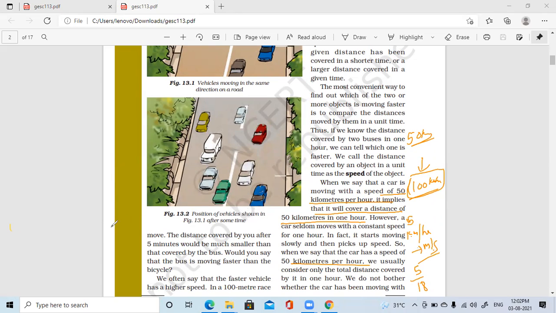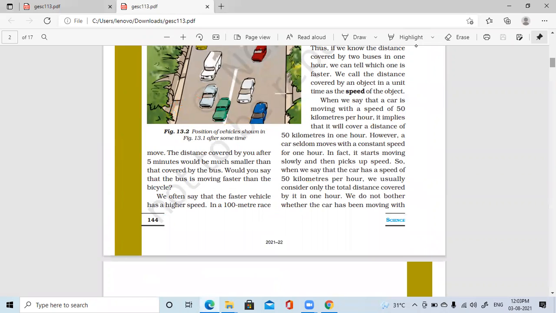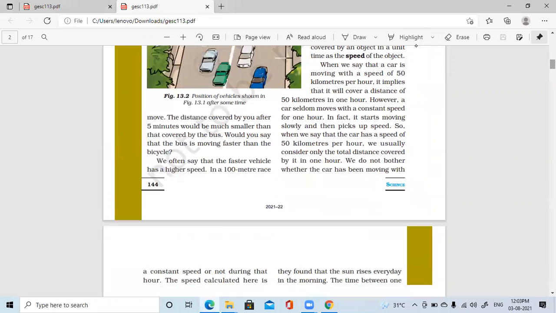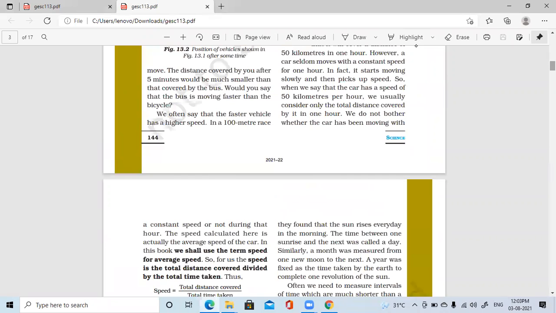As if speed is given 18 kilometer per hour, when you multiply by 5 by 18, the 18 will be cancelled, it will be 5 meter per second. So this way you can convert this into meter per second. So this is the formula: distance upon time is equal to speed.